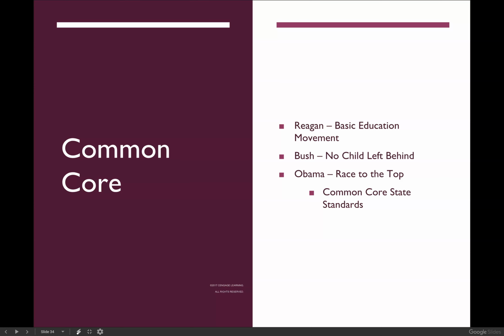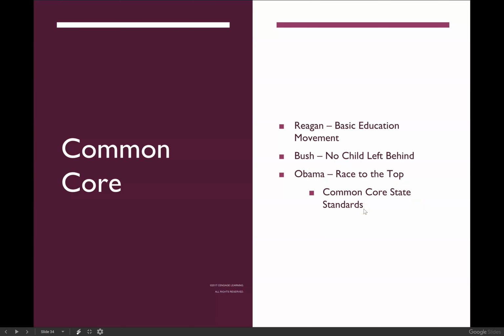So Common Core, it actually has a long history, but Reagan started with the basic education movement, kind of setting standards for what basic education would look like. Bush re-energized that idea, George W. Bush, with the No Child Left Behind.